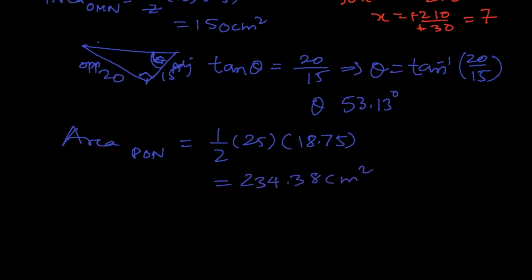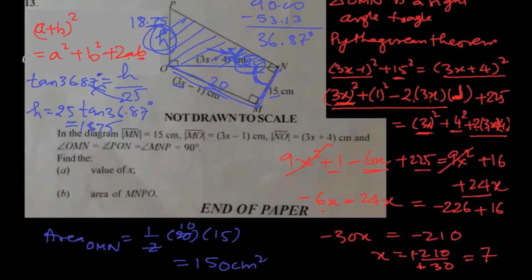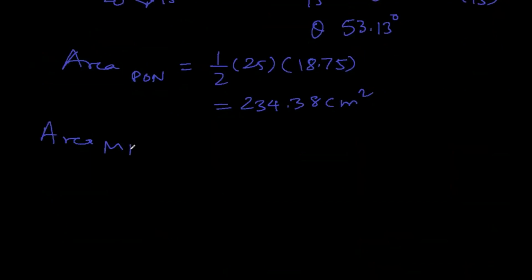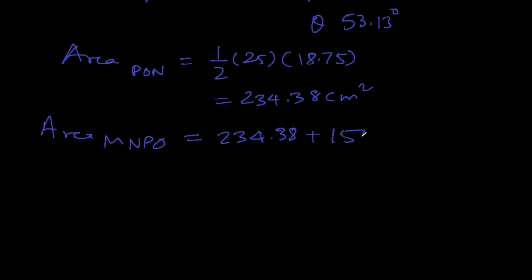And now area of the shape, what was MOPN? MNPO, that's what we're writing, equal to 234.38 plus, earlier we got 150, will be 384.38 centimeter square.